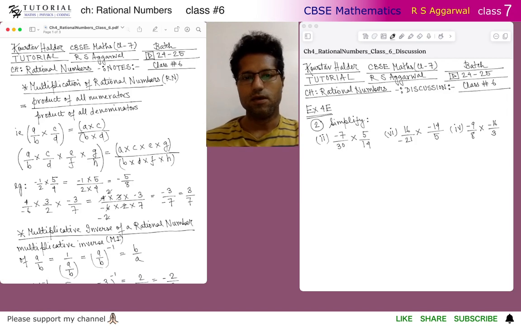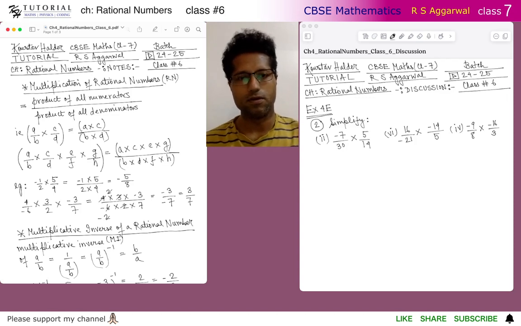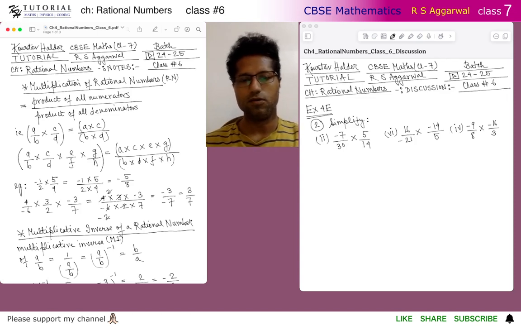But before this, it is desirable that you convert all rational numbers so that they have positive denominators. If any rational number in the product has a negative denominator, then you multiply both the numerator and the denominator by -1 so that the denominator is positive. This formula applies for the product of two rational numbers or more than two rational numbers.